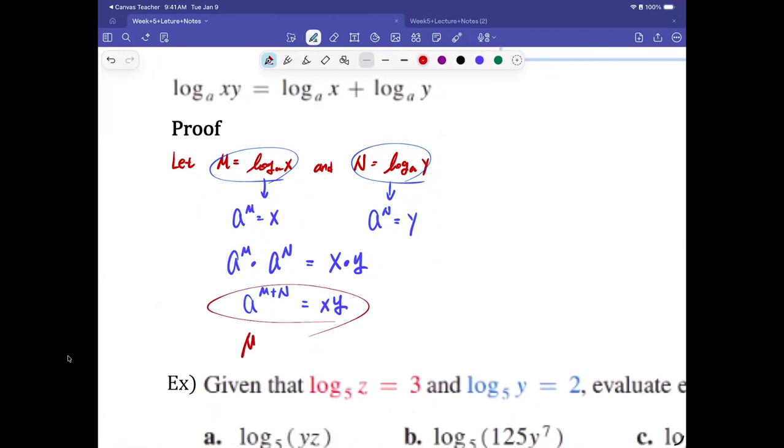That means m plus n is equal to log base a of xy.